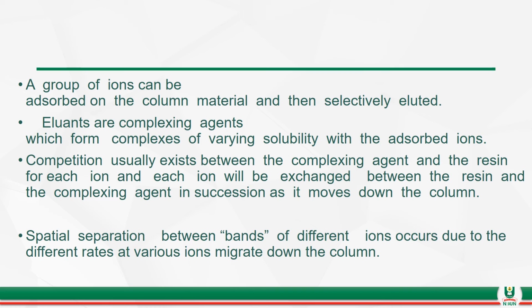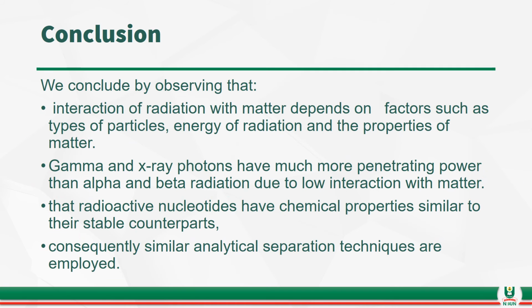Competitions usually exist between the complexing agents and the resins for each ion, and each ion will be exchanged between the resins and the complexing agent in succession as it moves down the column. Spatial separation between bands of different ions occur due to the different rate at which ions migrate down the column.